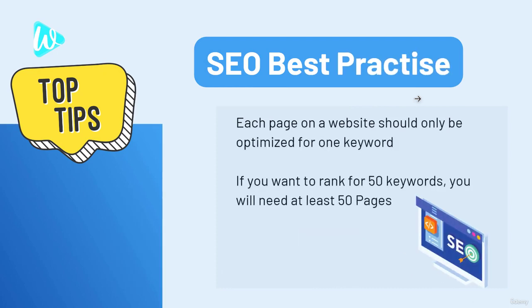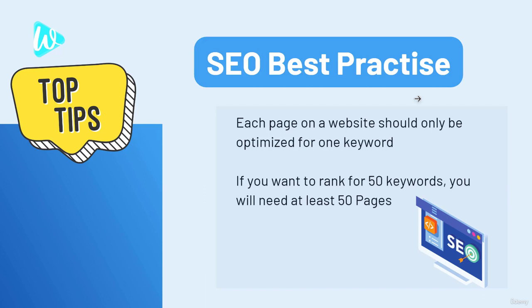Now, here's an SEO best practice. Each page on a website should only be optimized for one keyword. Now, if you want to rank for 50 keywords, you will need at least 50 pages, one for each keyword. So you can't try to rank for everything at once. And that's why in SEO, we call it the focus key phrase. We focus only on one thing.